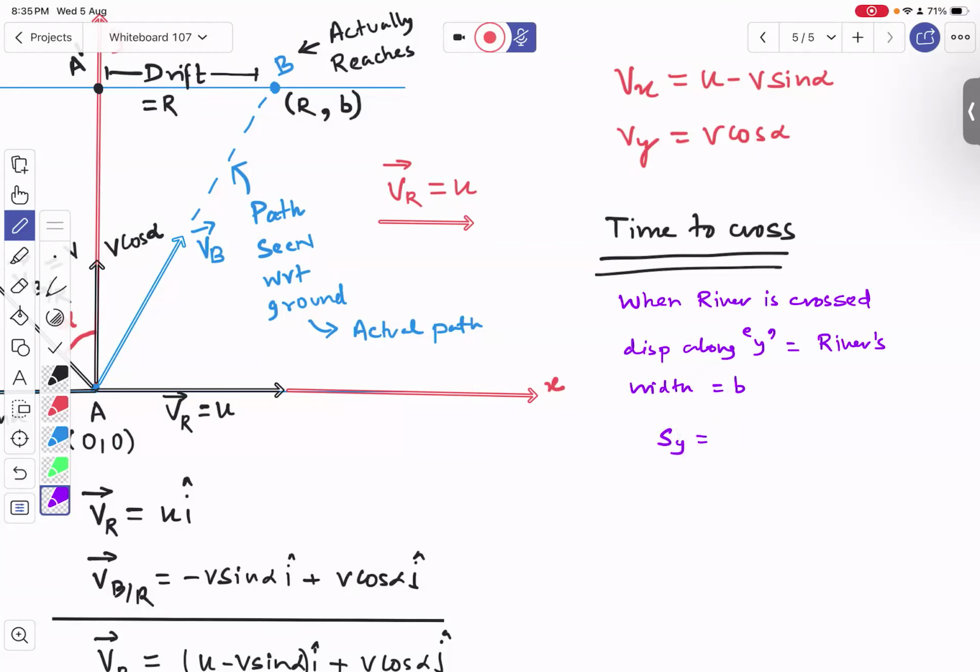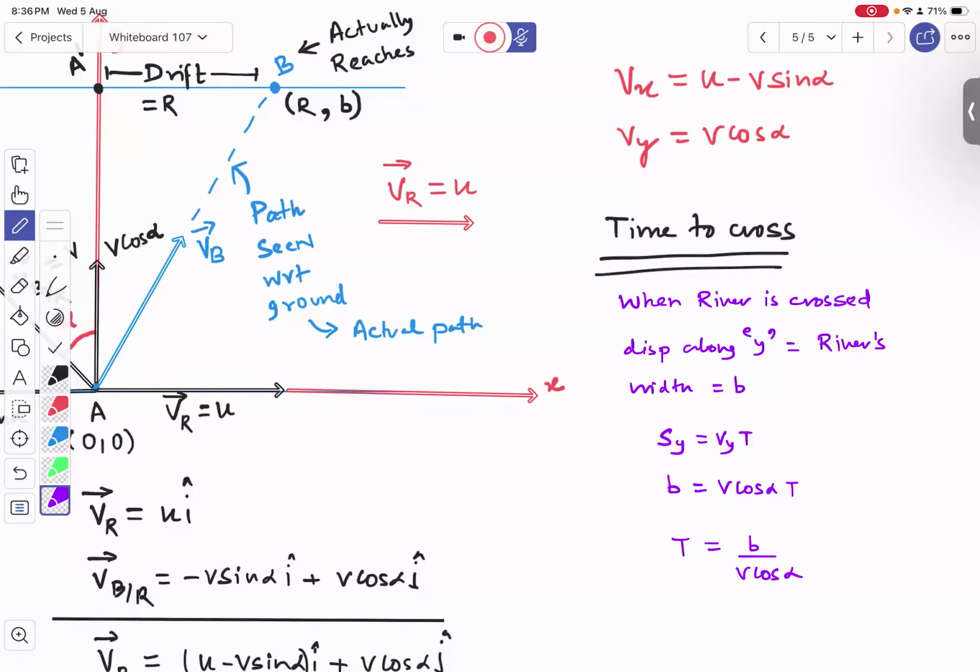Since there's no acceleration, displacement equals velocity into time. So displacement along y will be velocity along y into time. The displacement d, velocity along y is V cos alpha, into t. So t is equal to d by V cos alpha.